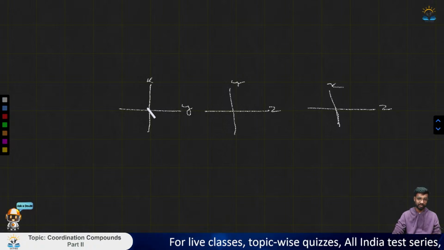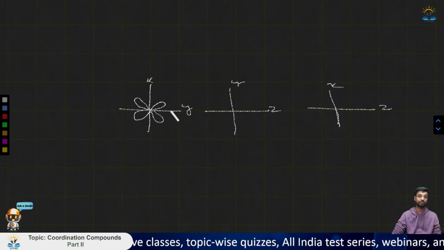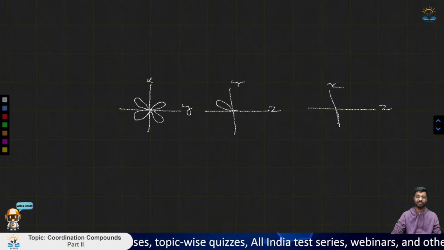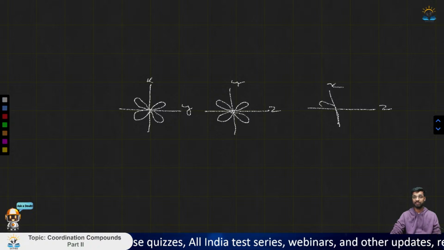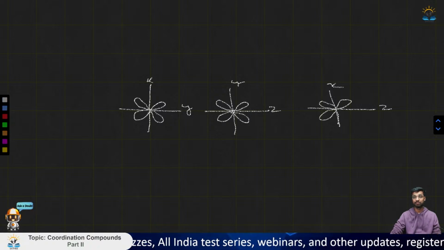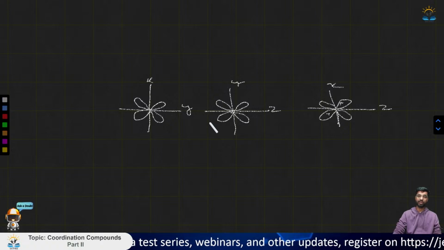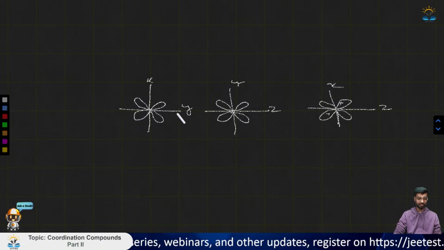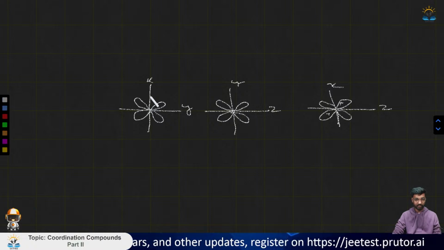Suppose this is dxy, this is dyz, and this is dxz. I am not drawing the signs here. The point is that the ligands lie between the axes.